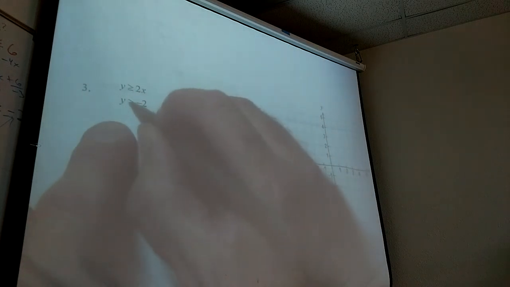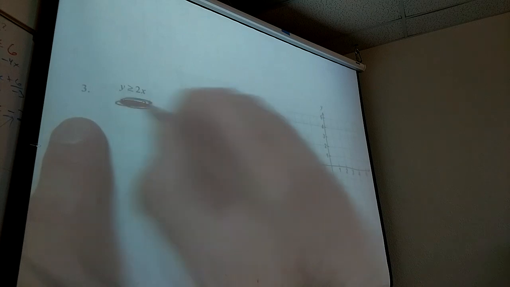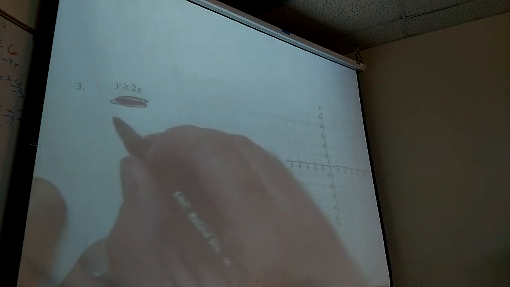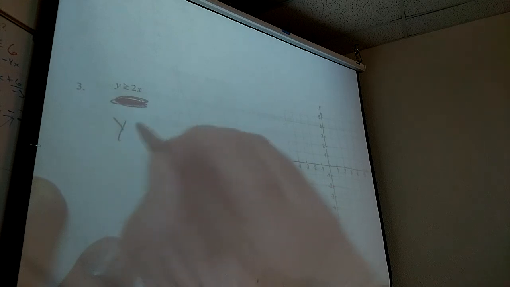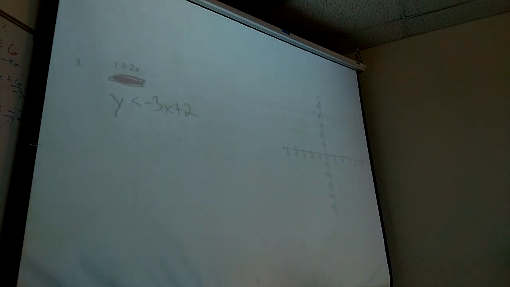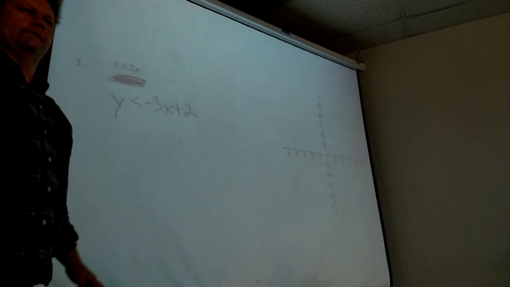Here, let me change this around a little bit. Everybody delete that second one. Let me make a new one. I like this. It's fun. Let's do this. All right, so you see that? Go ahead and graph that system on there.